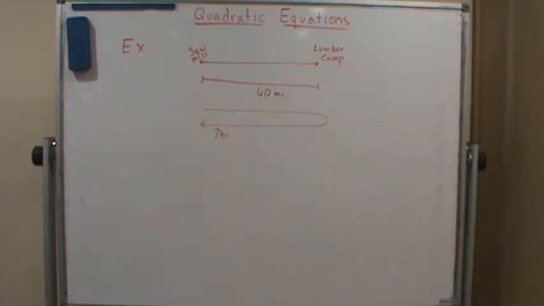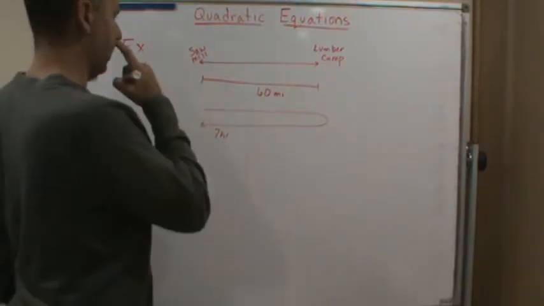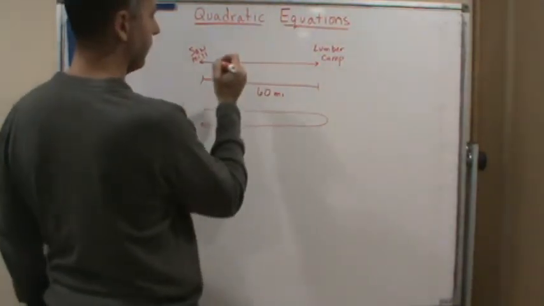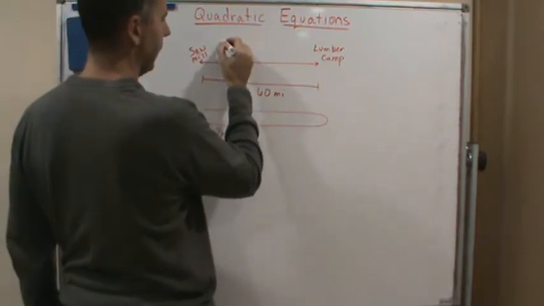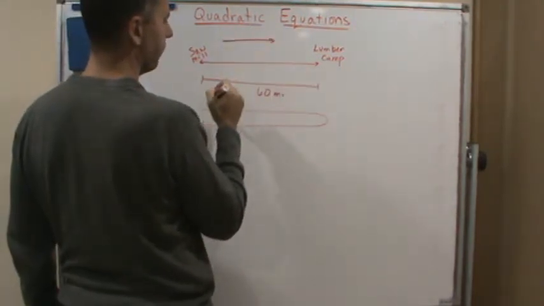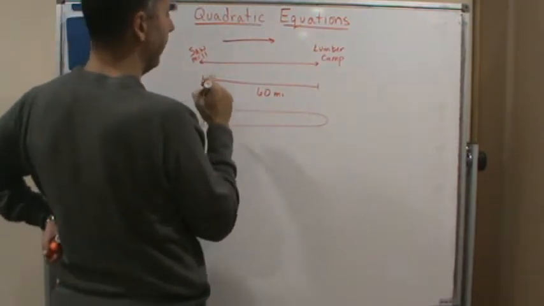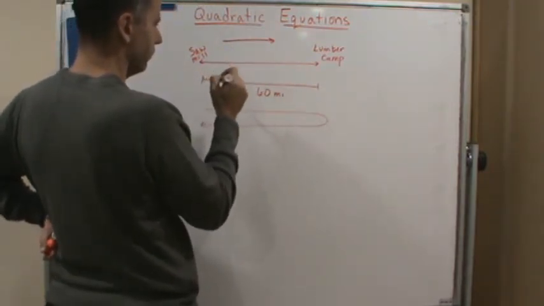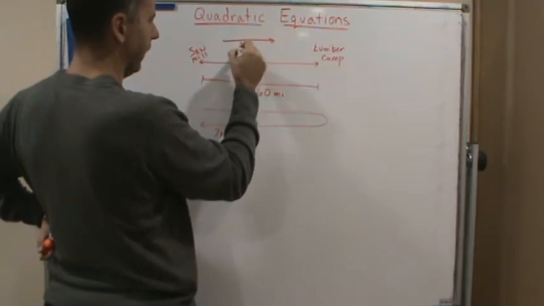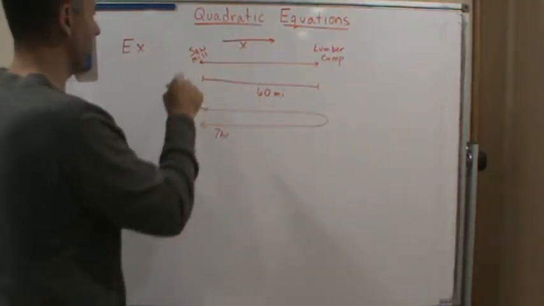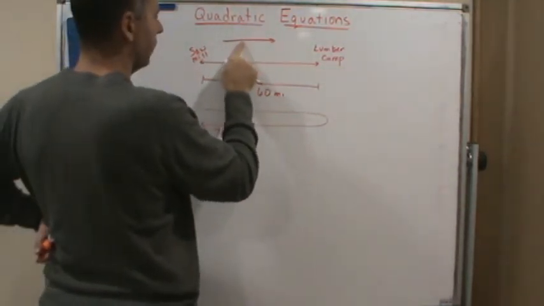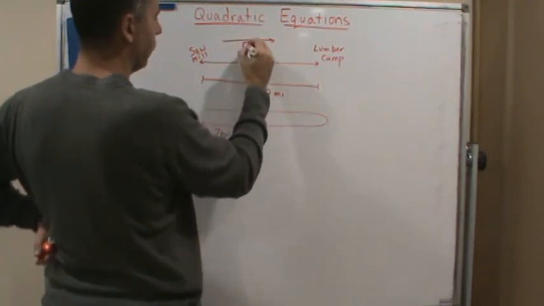Okay, so it's the velocity that it's going on there, right? The rate going there is, let's say, x. We don't know that, so let's call it rate 1.